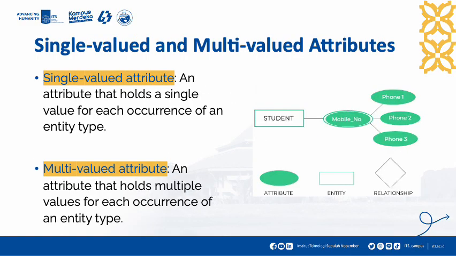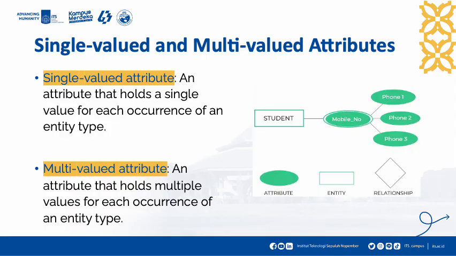Another group is single-valued and multi-valued attributes. We can define the attribute based on its value. A single-valued attribute holds a single value for each occurrence of the entity type, and a multi-valued attribute holds multiple values for each occurrence of the entity type.